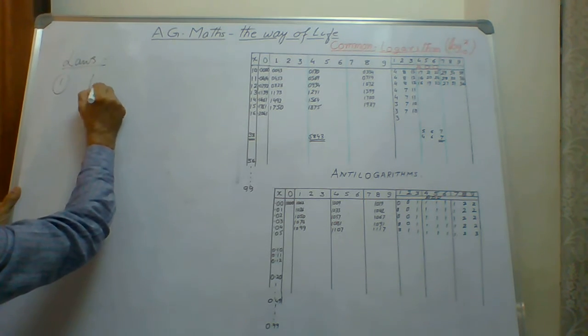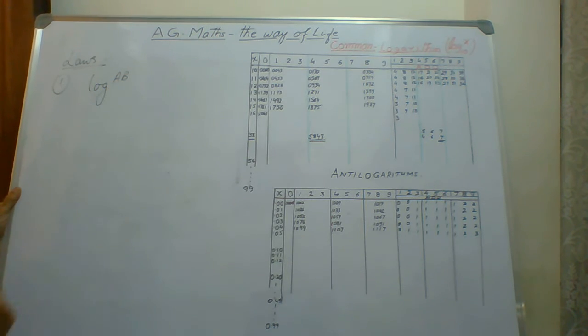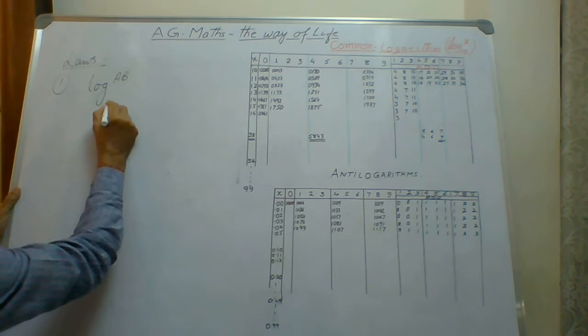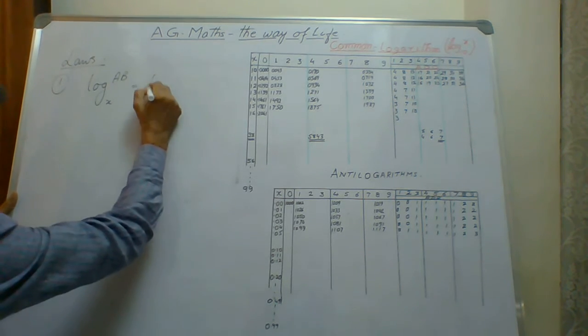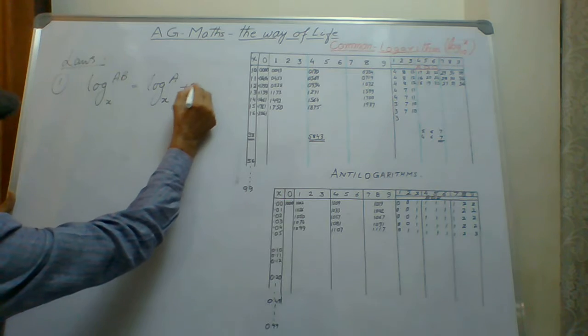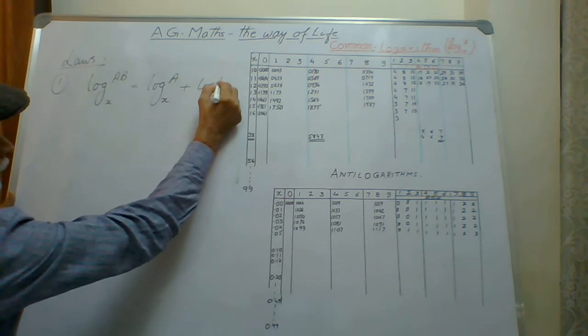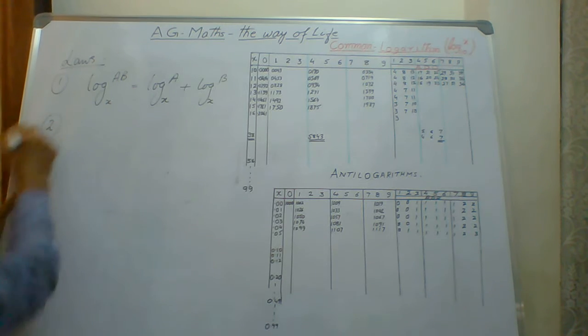If you are given log of two numbers capital A and B multiplied and suppose the base is x, this can be represented as log of a to the base x plus log of b to the base of x. That is the first law.